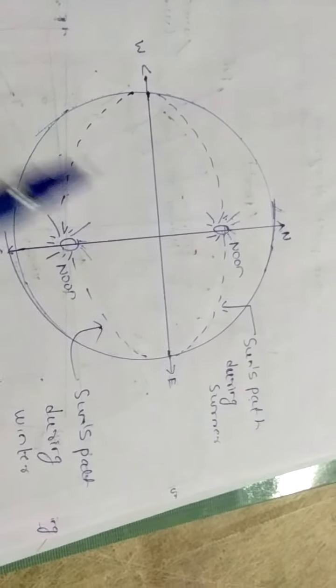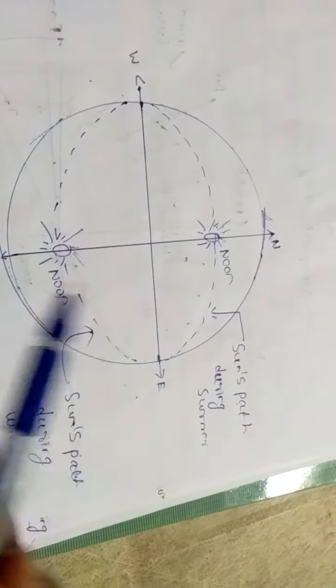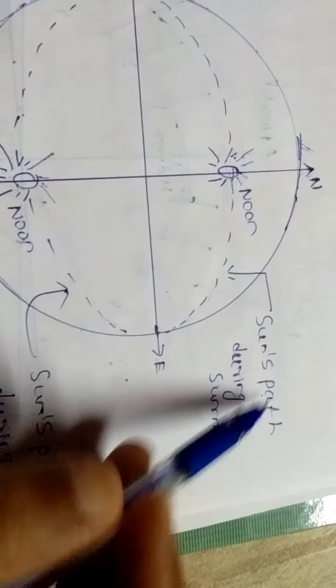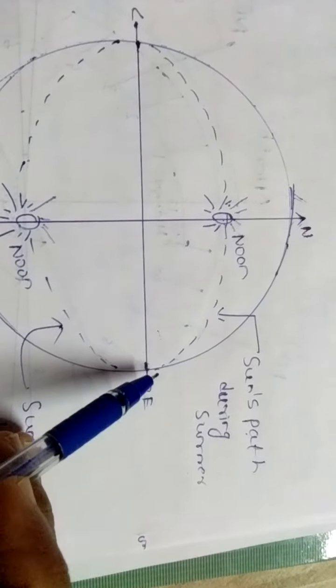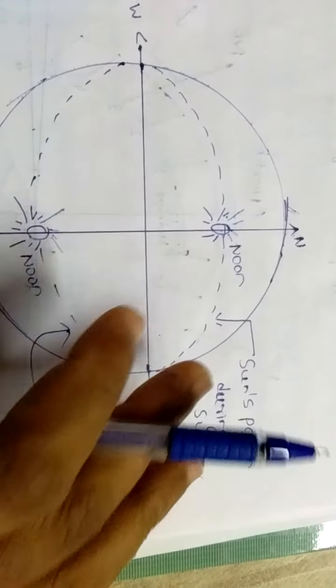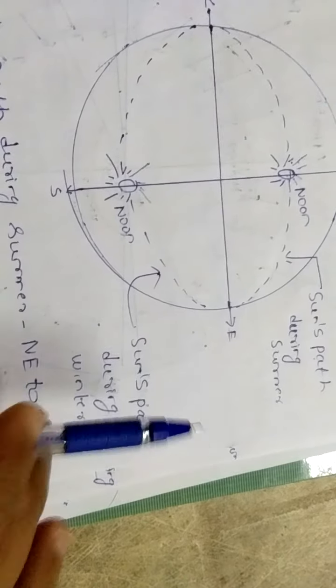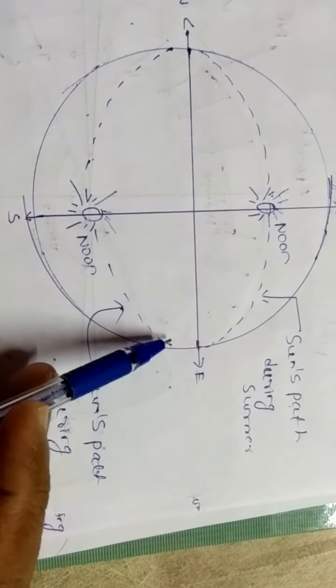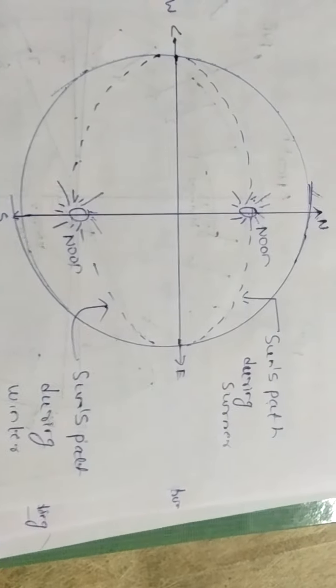As I said earlier, we have divided the seasons into two categories here, summer and winter. We can observe here in the summer season, the sun's path is from northeast to northwest. This is in the case of the northern hemisphere. And for the northern hemisphere itself, the sun's path during winter is southeast to southwest.